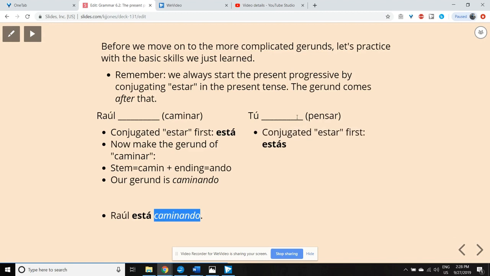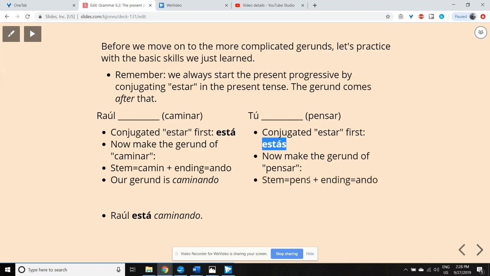All right, let's look over here. So we're going to deal with pensar, its present progressive form. And we're going to first, of course, conjugate estar to agree with the subject, tú. And that form is, as we well know, estás. Great. Now we're going to make a gerund. So the first thing we do for this AR verb is we remove the AR infinitive ending. That gives us our stem, PENS. We leave that stem alone.